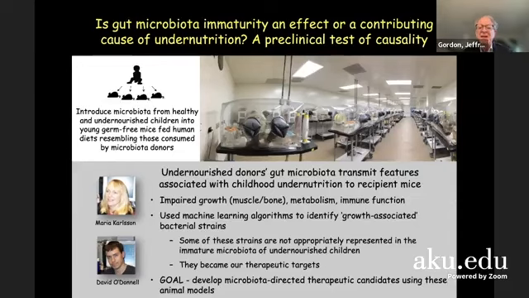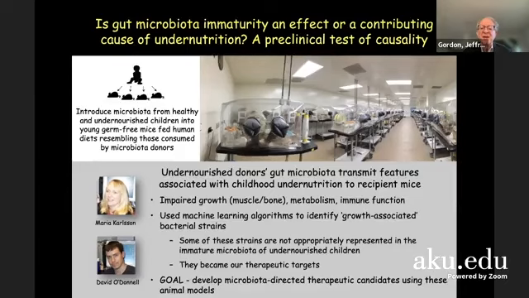So you could then take this group of animals, which represented the population that we ultimately wanted to treat, and survey all the microbial communities installed in all the animals and use machine learning algorithms to identify organisms whose representation correlated with different aspects of growth, i.e., to identify growth discriminatory strains.